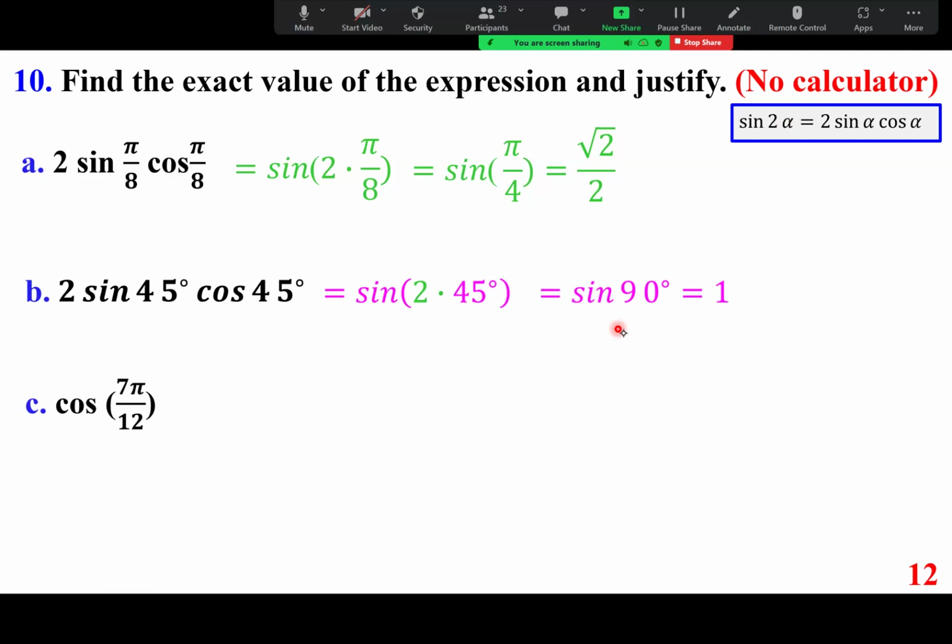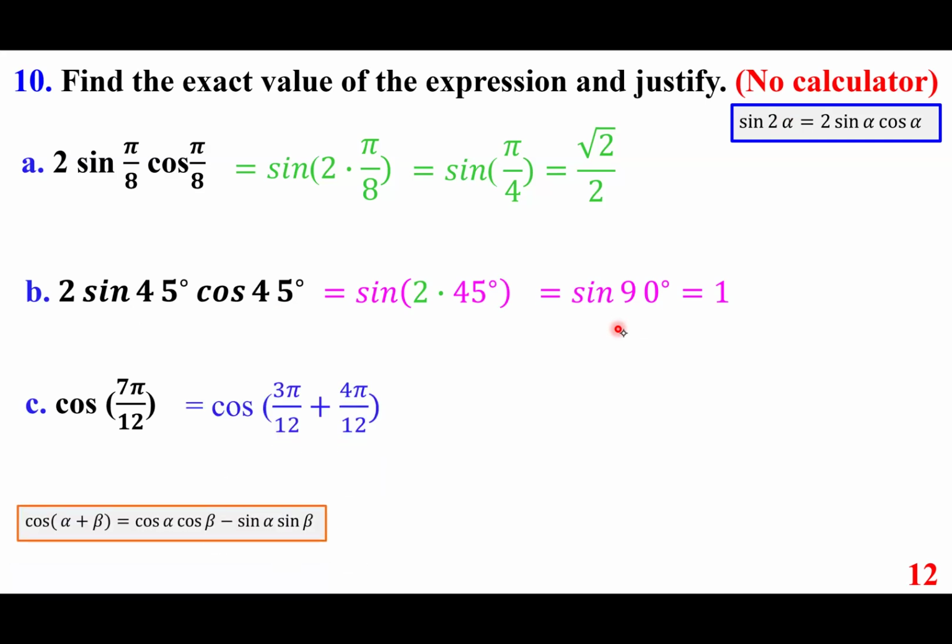Cosine of 7 pi over 12. It's the same as adding 3 pi over 12 and 4 pi over 12. We're going to use cosine of alpha plus beta. And we should know 3 pi over 12 is pi over 4, 4 pi over 12 is pi over 3, both of which are common arcs.